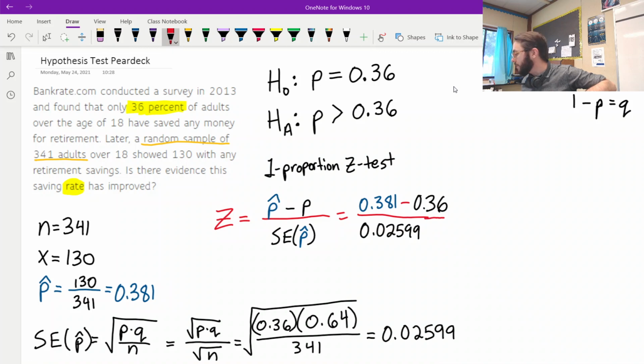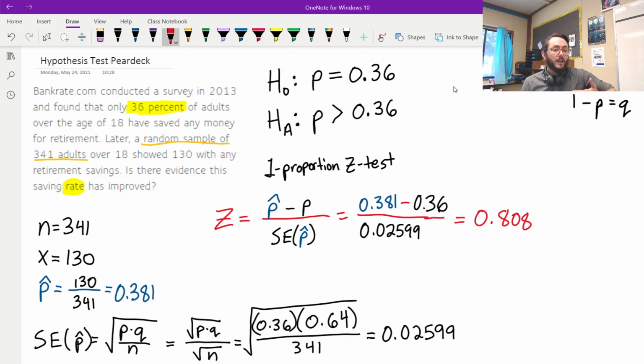Now this is the point where I would say, if you're putting this into a calculator, be careful. Put parentheses around the subtraction, around the numbers in the numerator, because otherwise you're in for a hefty surprise as to why it does not come out correctly. This gives us a z-score of 0.808.